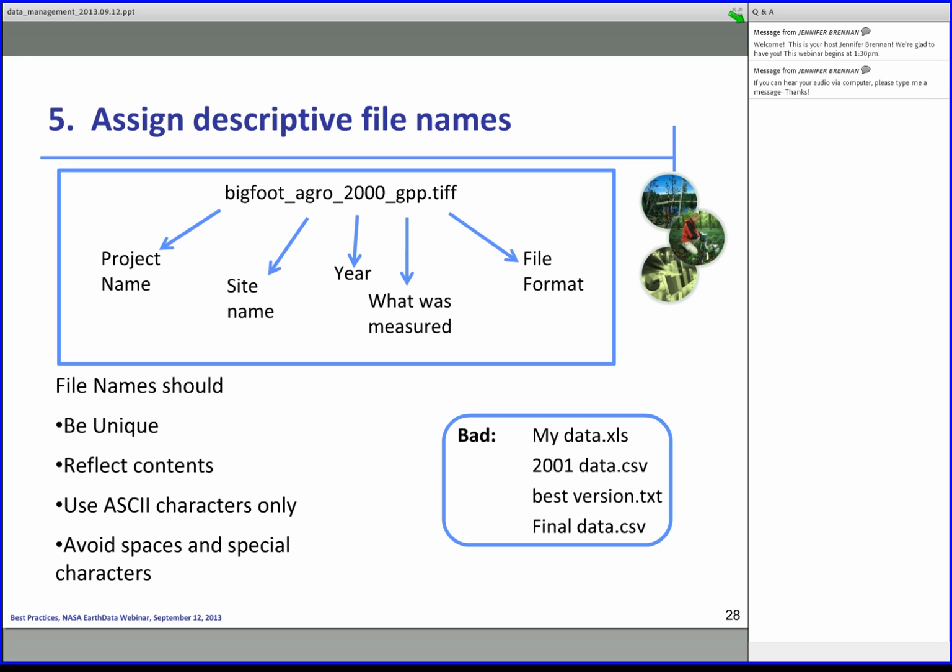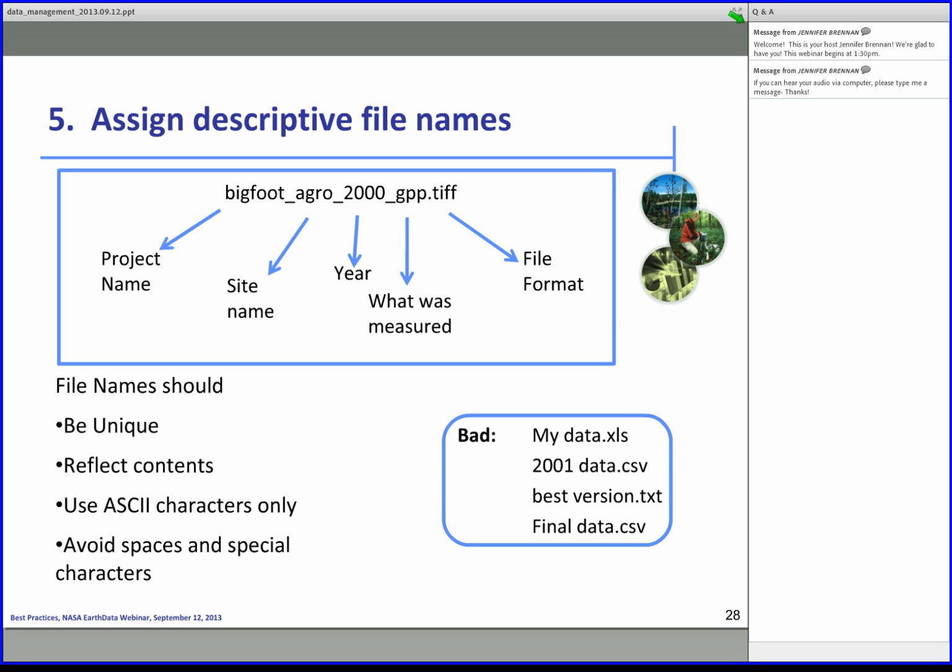The year, and then what was measured is gross primary productivity, and the file format is a TIFF. It's a GeoTIFF, so it's spatial data. This is an example of a descriptive file name. There's clearly more information you need to understand that, but it's a file name that would allow you to go into your hard drive, and when you see this file, you'll be able to understand what's in it, and you'll likely be able to find it readily.